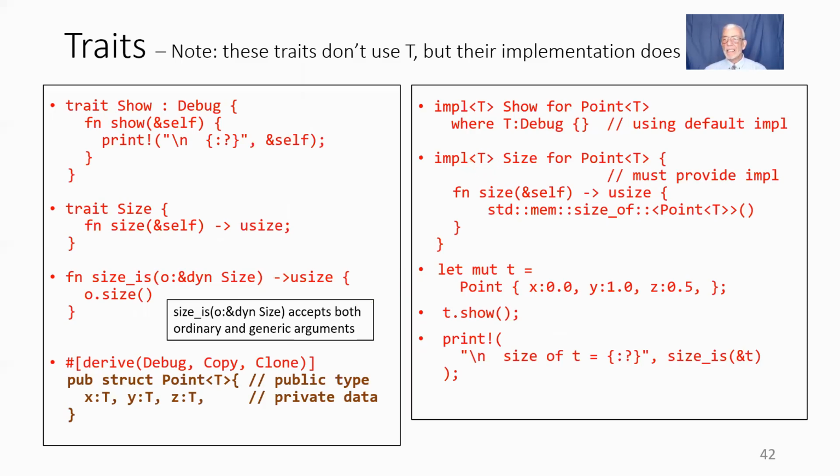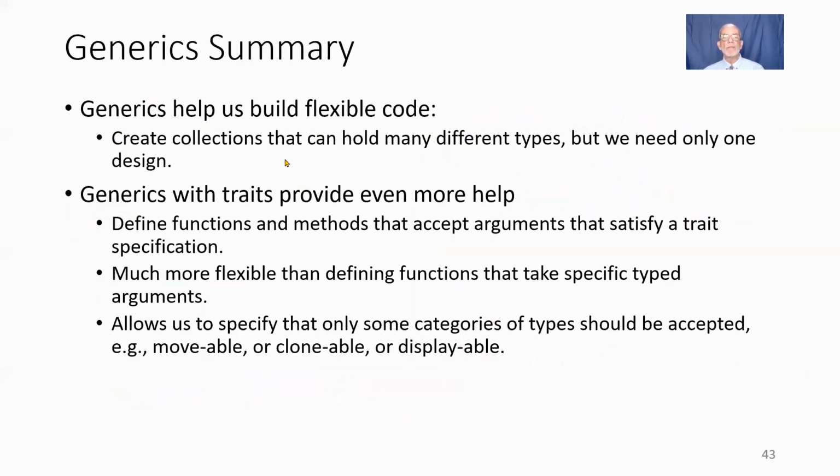Instead of having to implement a container for each type, if I want a list container, I can do it for a whole set of types. So it allows me to be quite flexible.